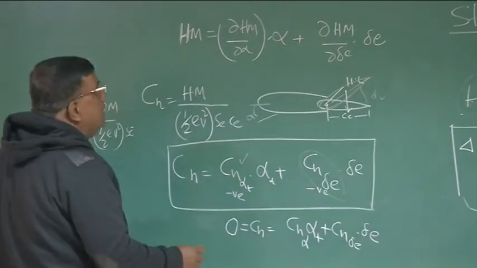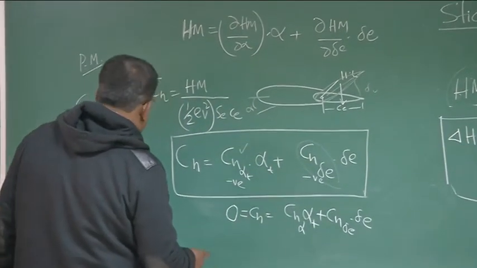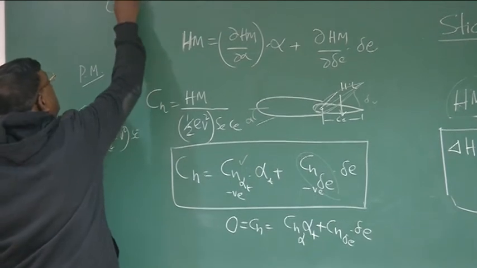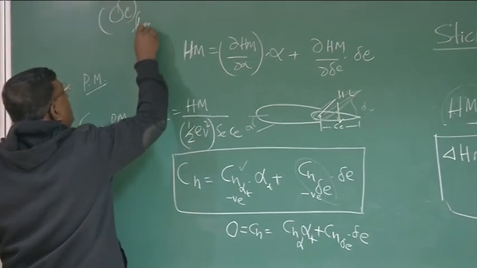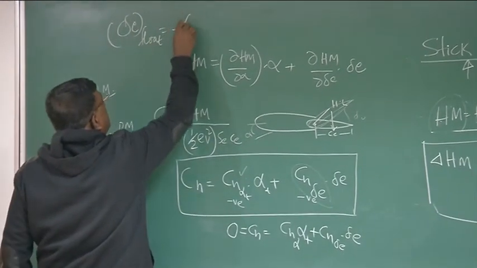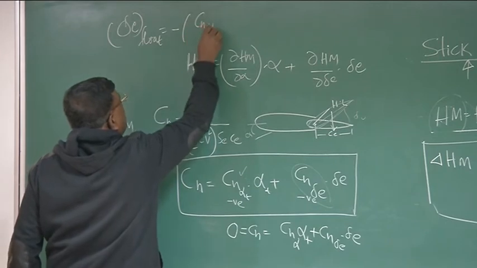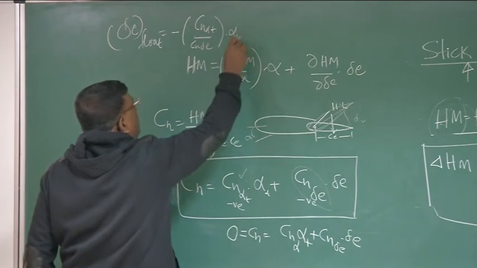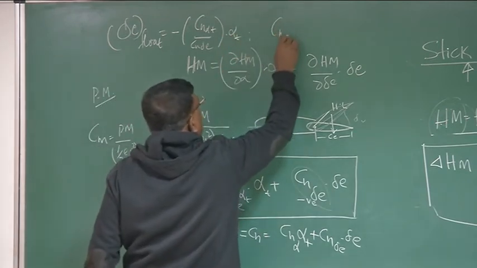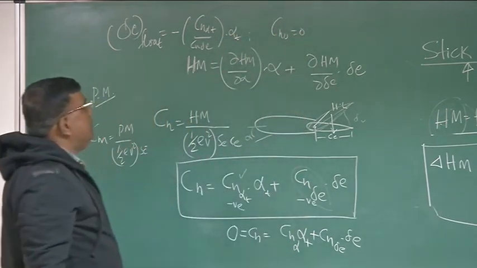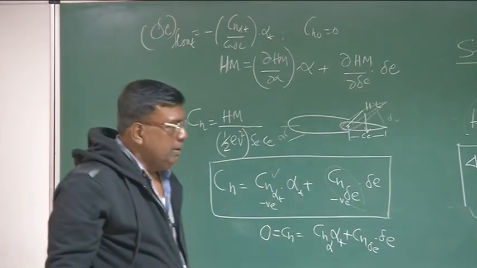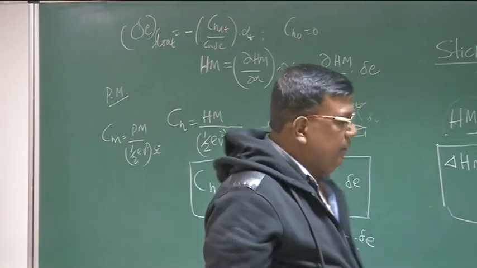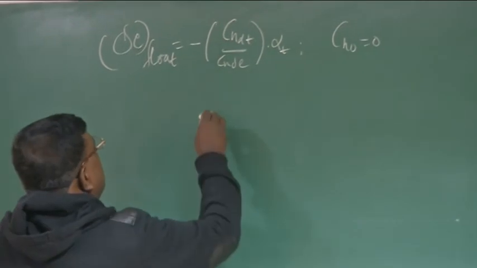And from here, we have calculated delta E float equal to minus Ch alpha t by Ch delta E into alpha t. Of course, we have assumed that Ch delta E is not equal to 0. We already know that. So this is the delta E float. Okay. Now there's an interesting thing you should understand. Let us also carefully see this.